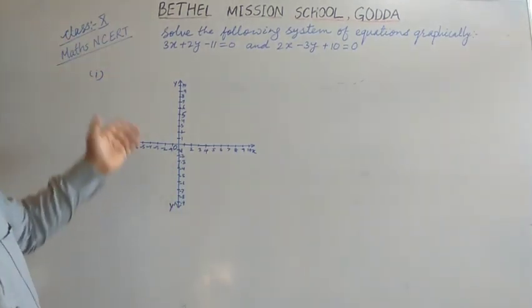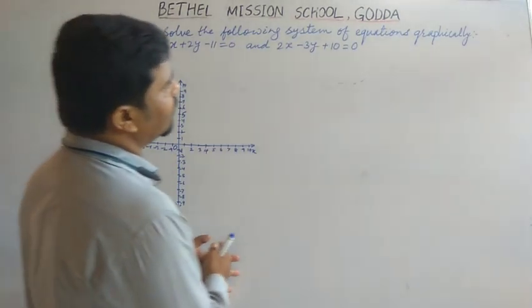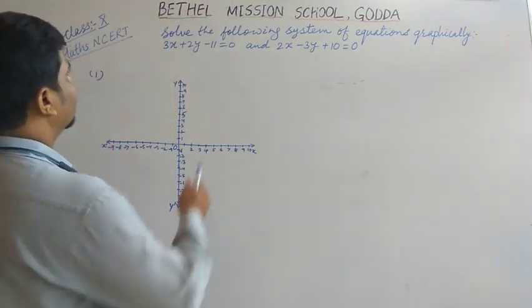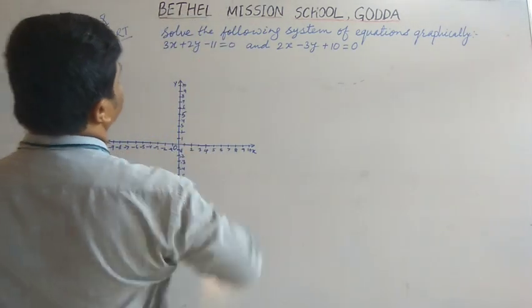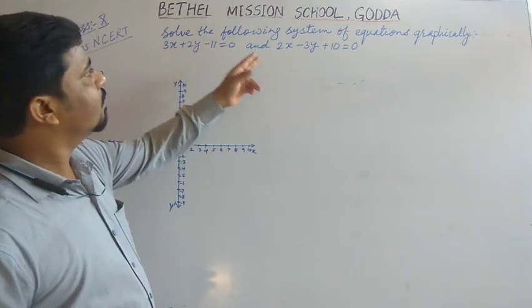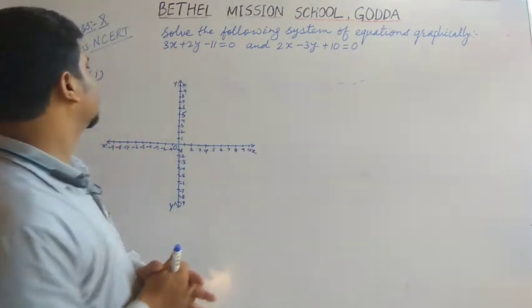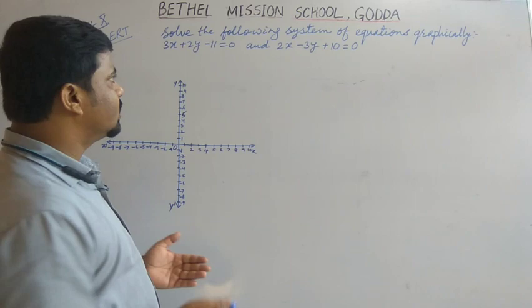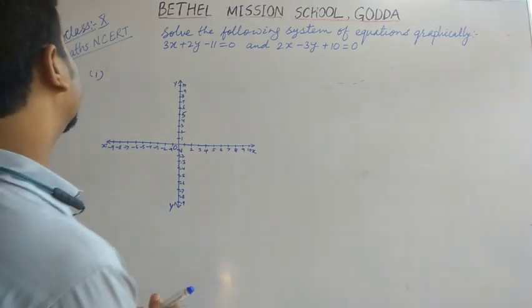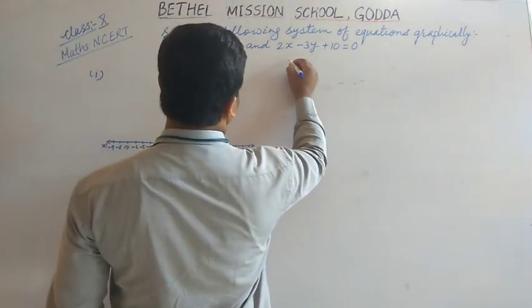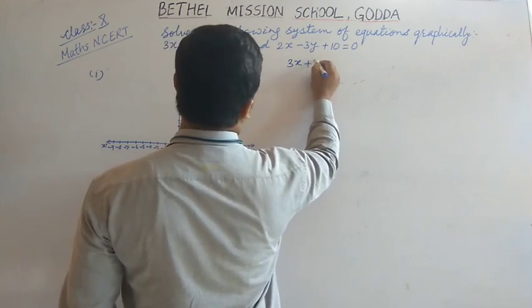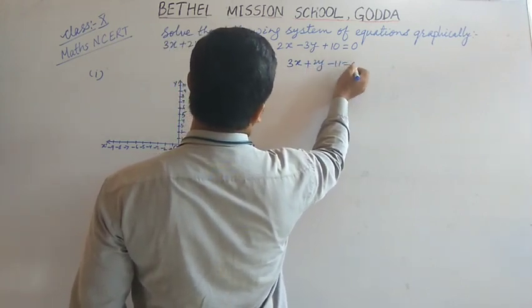Okay, let's see how we will solve graphically. Here you can see one question I have written on the board. Solve the following system of equations graphically. This is one method, one type. So you see 3x plus 2y minus 11 equal to 0.